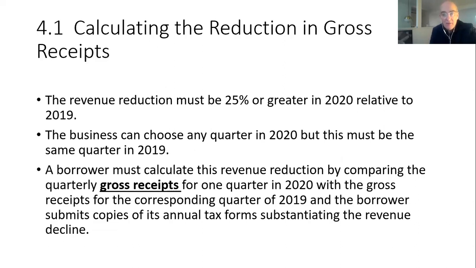But it's very important that you have a clear record for both years, 2020 and 2019. And it's about comparing what's termed in the regulations the gross receipts, all the income that came in that you show in your business, whether you're self-employed, an LLC, an S Corp or a C Corp, you're all treated equally, able to apply with the same eligibility criteria. So the gross receipts is a very important term here.